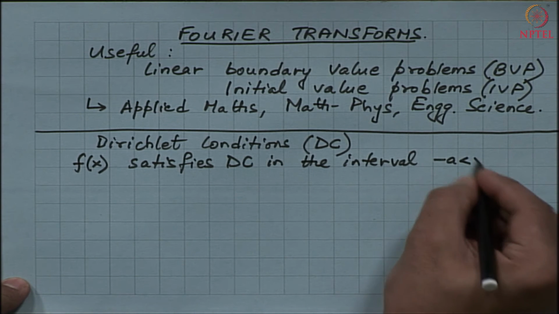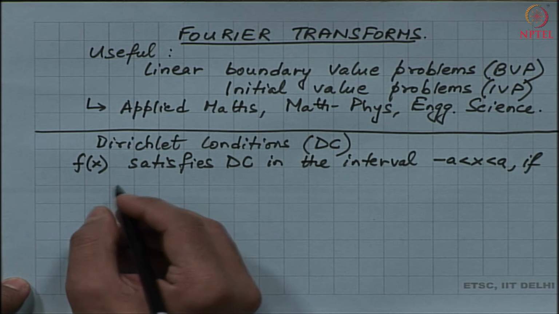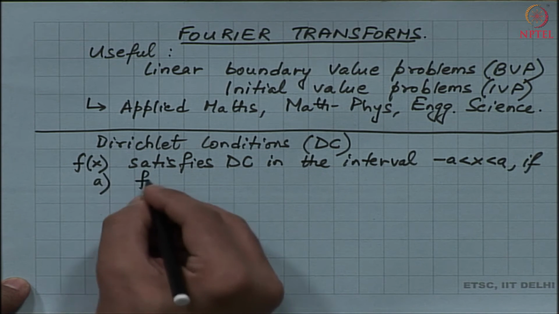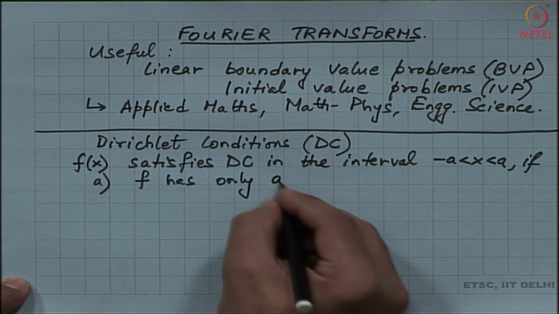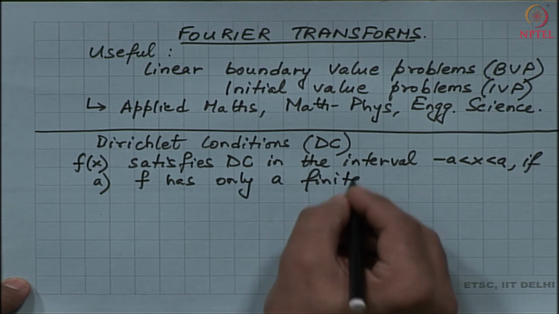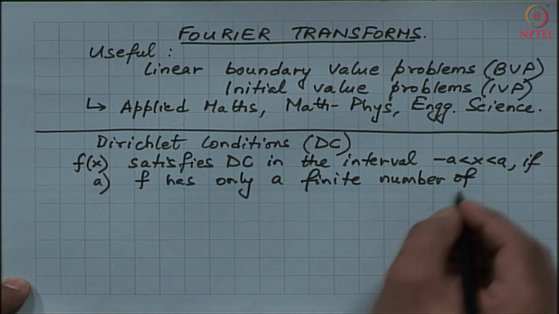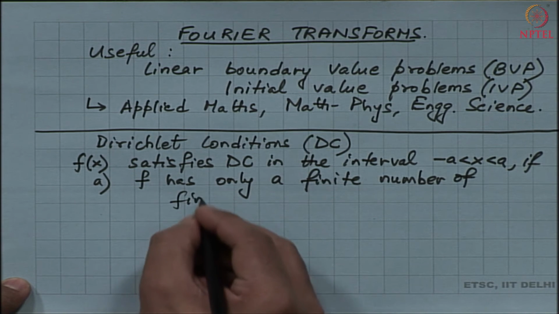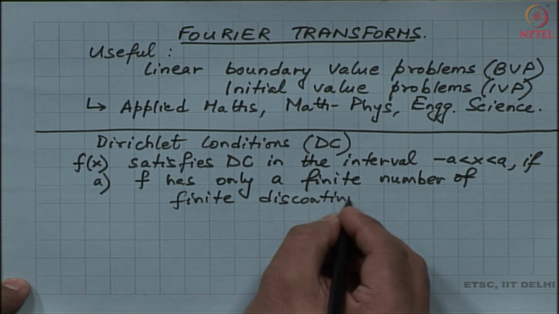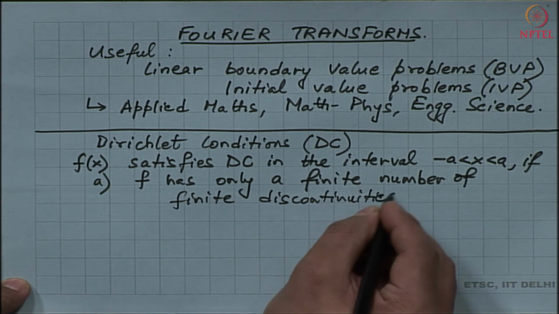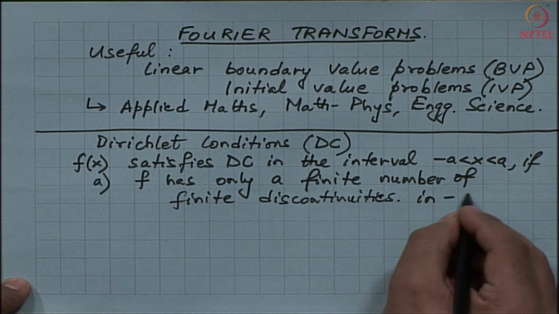from negative a to a, if I have the following: f has only a finite number of finite discontinuities inside this interval.